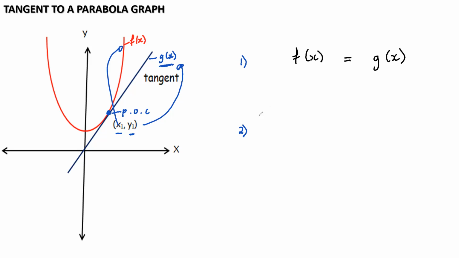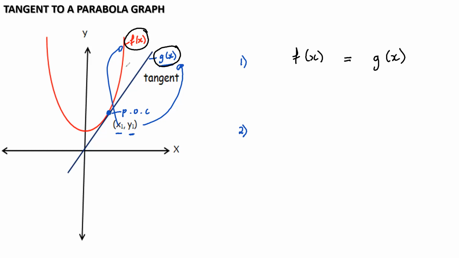Again, a tangent is a straight line passing through 1 point on a parabola in this context. The point of contact is the point where the tangent and the parabola meet, x1, y1. This point of contact will be true and available in g of x, the tangent, true and available in f of x, the parabola.